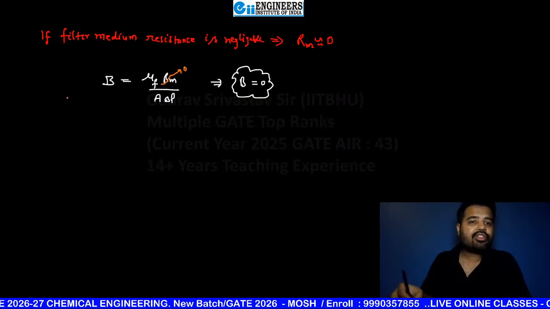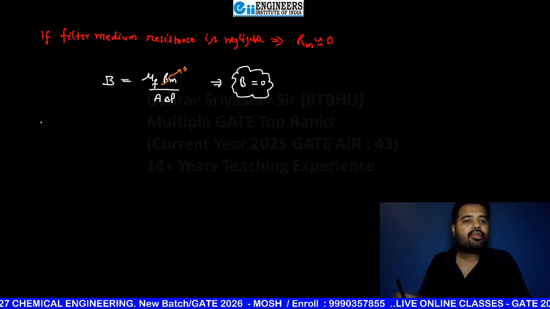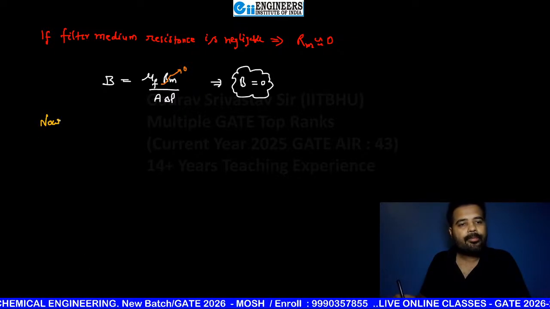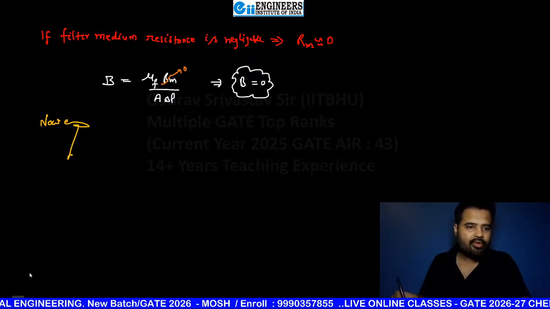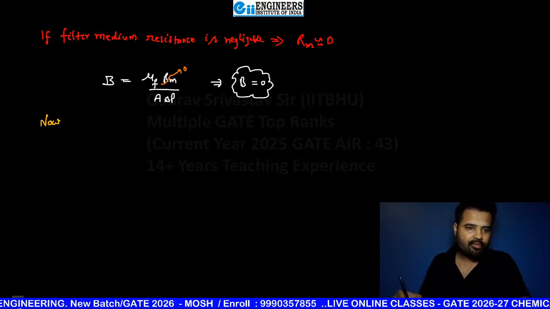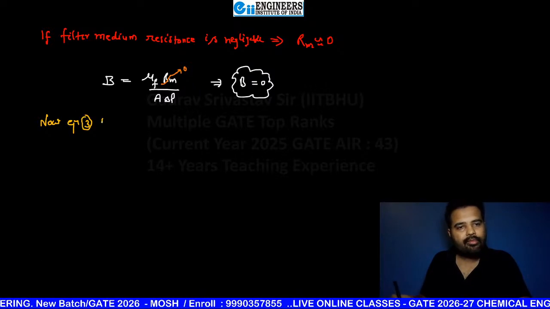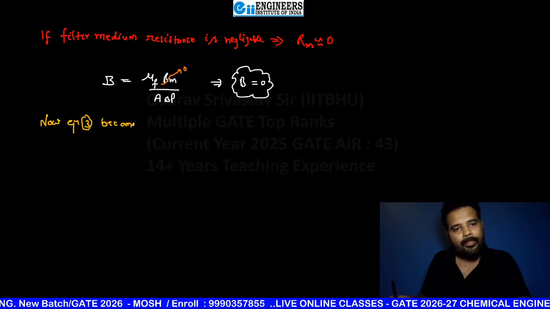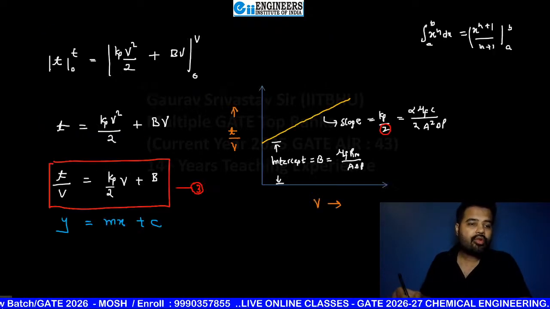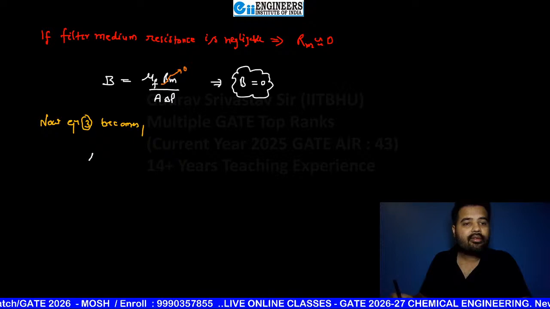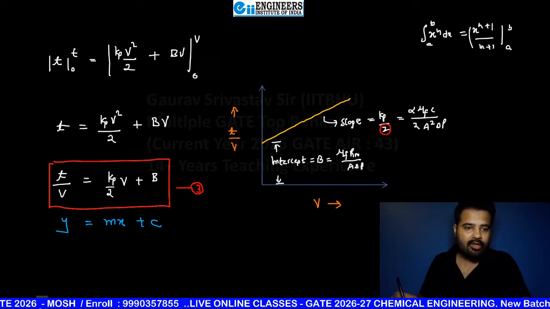So right here equation 3 becomes T by V is equal to Kp V by 2.